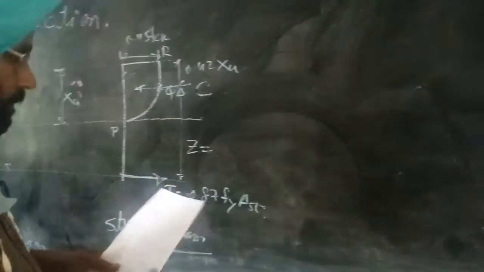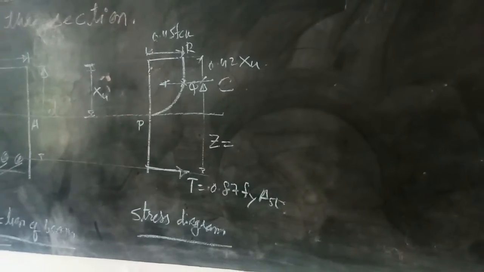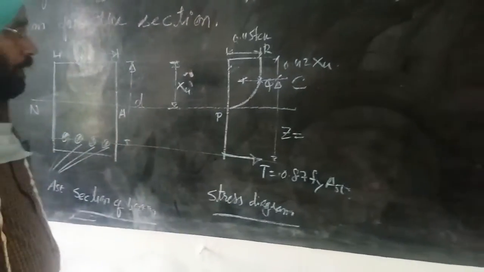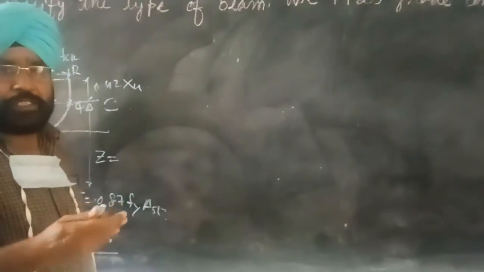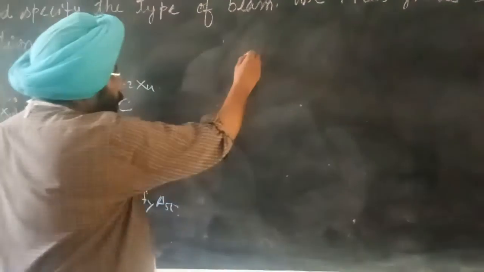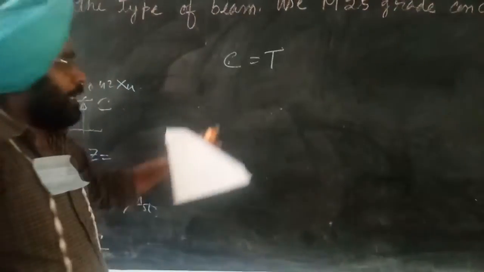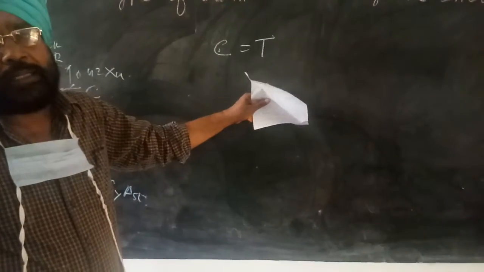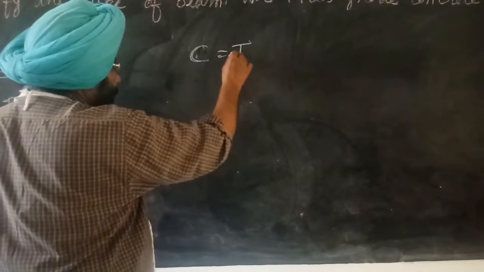Then first of all, we have to find out the depth of the neutral axis. Because the section is in equilibrium, C equal to T, which means the resultant compressive force is equal to the resultant tensile force.